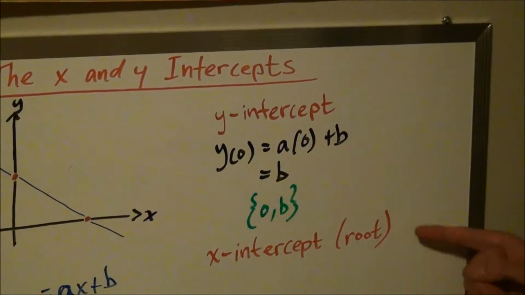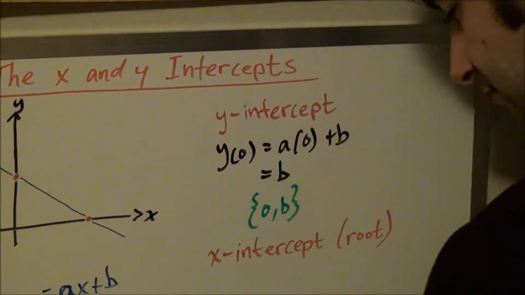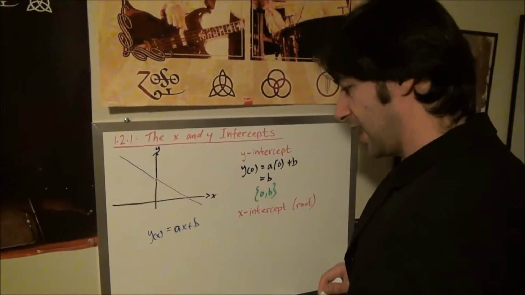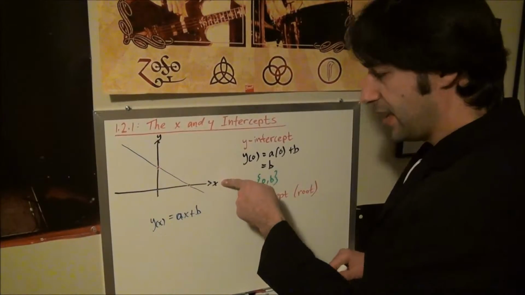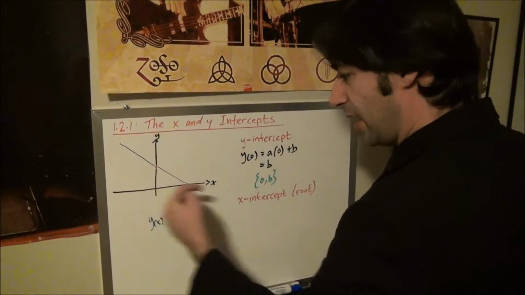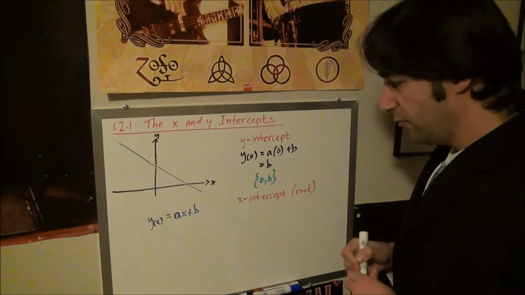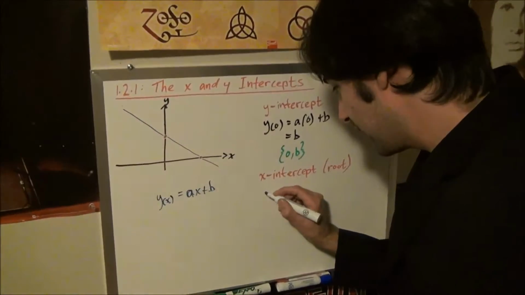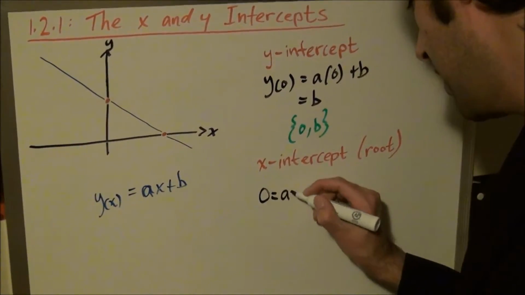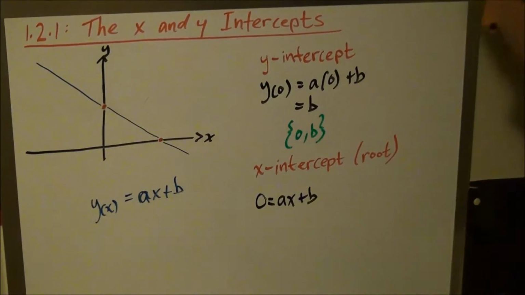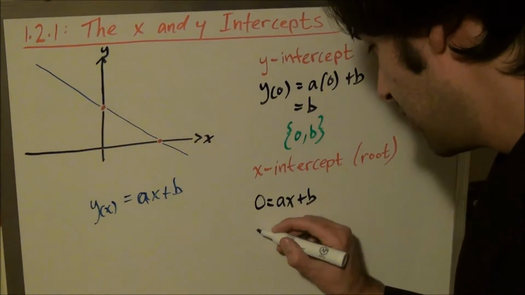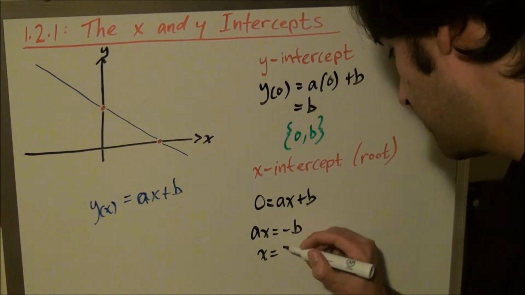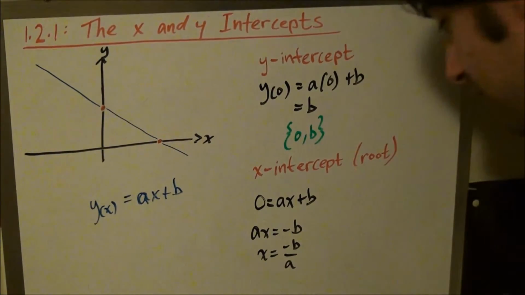Now let's do the same to find the x-intercept. The second condition that the x-intercept must satisfy is that it must reside along the x-axis, which means that y must equal 0. So, if we take y equals 0 and substitute it into our first condition, we get 0 is equal to ax plus b. Now we solve this for x. ax is equal to minus b. x is equal to minus b over a.